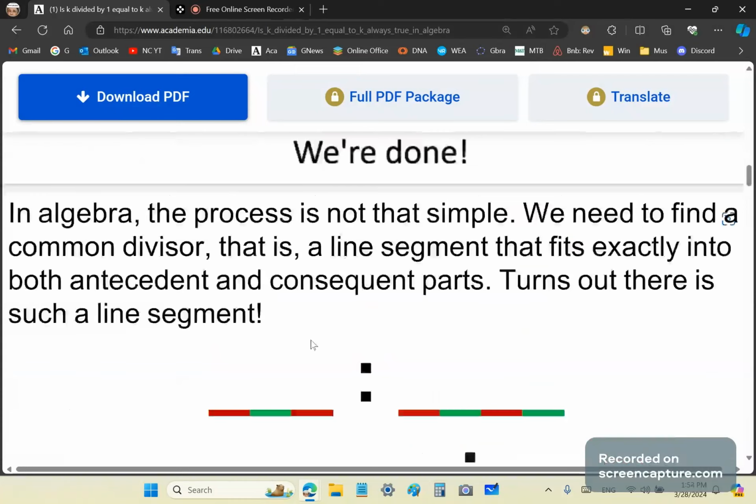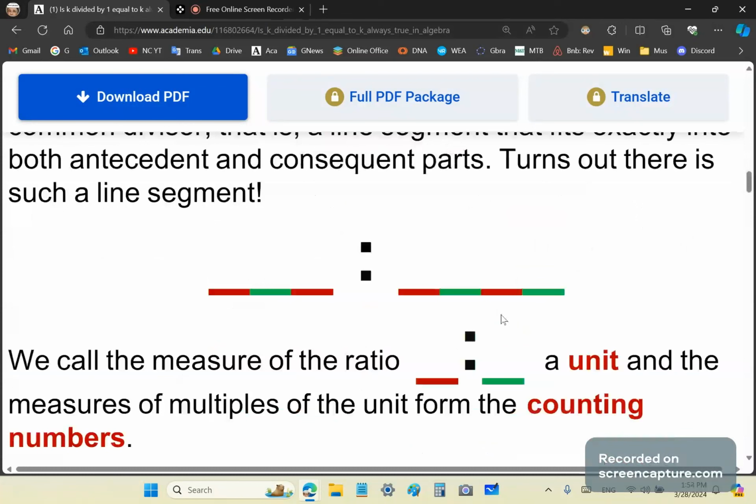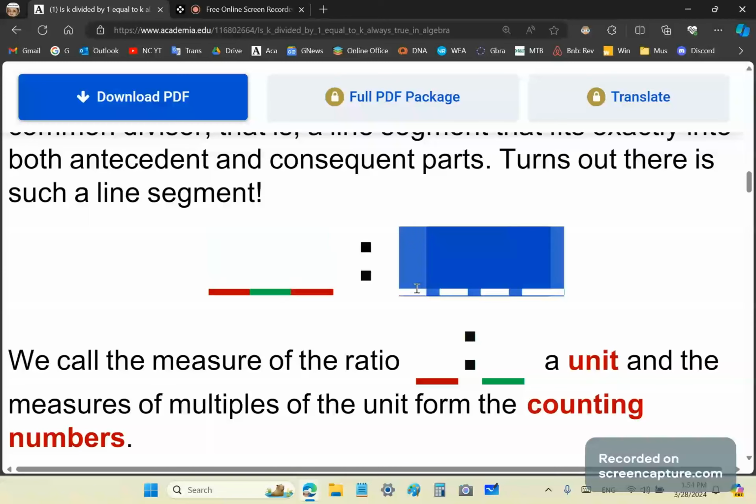So it turns out there is such a line segment, and it's this little guy here. Whoops, no, just the red one or the green one, okay? So this little line segment measures both the antecedent and the consequent. That's all we know right now. We don't even know how to count yet.